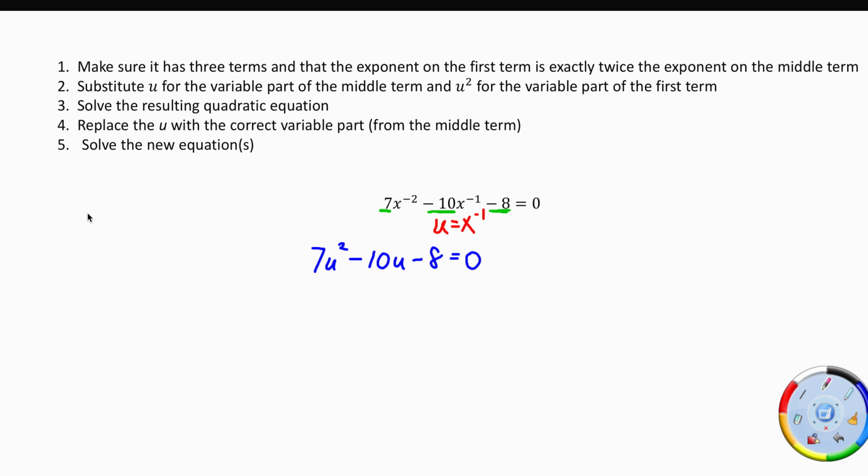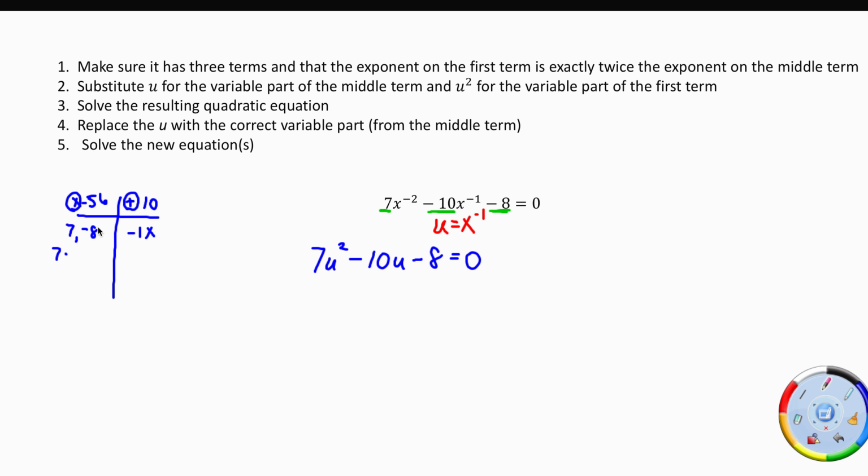Let's see. Those don't come to me right away. I know 7 times -8 are two possibilities, but that's not the number I need. However, it gets me started.